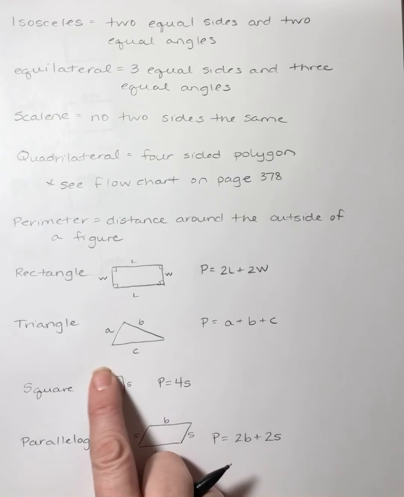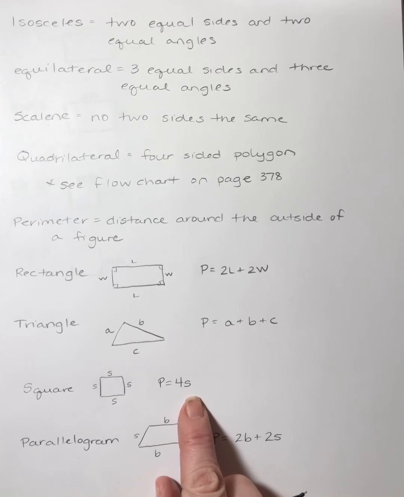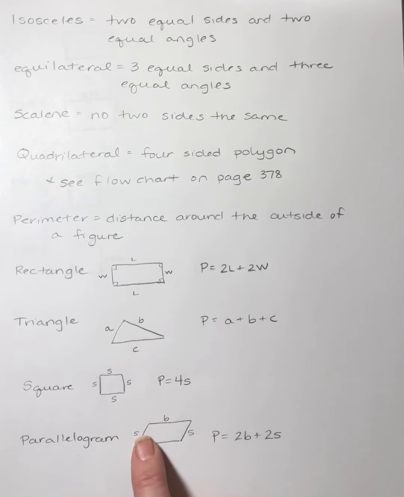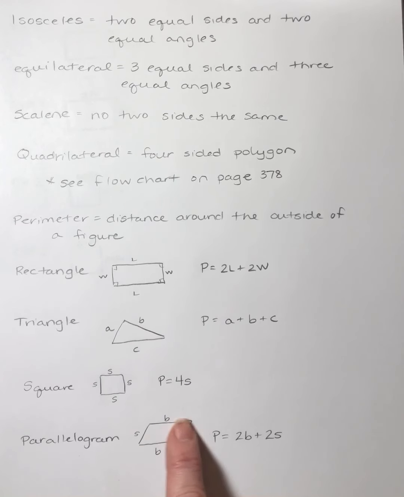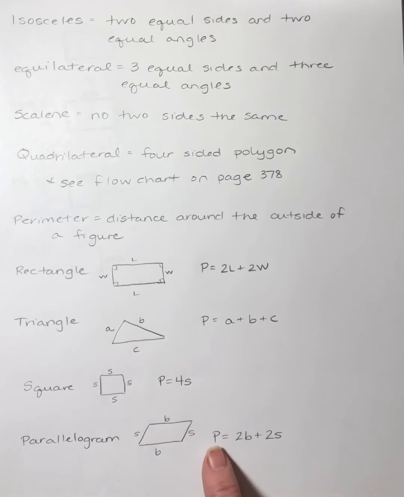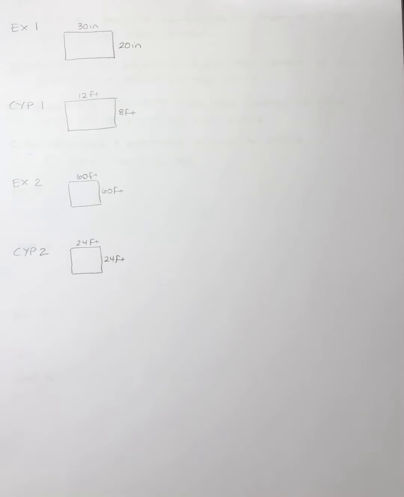So to find the perimeter of a square, instead of adding S plus S plus S plus S, I can just take 4 times S. And then parallelogram, the side, and then these are often called the base. You just, again, add all 4 of them up, but I have 2 sides, 2 bases, so the perimeter is 2 bases plus 2 sides. And these are all in your book too, if you're not writing them down right now.